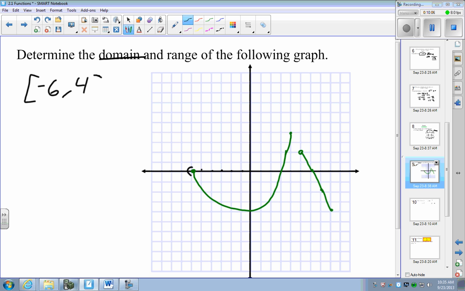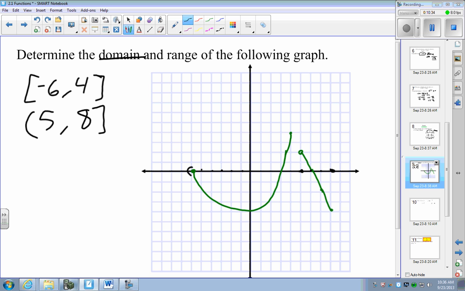But we also can't leave out this part of the function right here, from here to here. And so that will also be from, oops, just positive 5, 5 to 6, 7, 8, to 8.